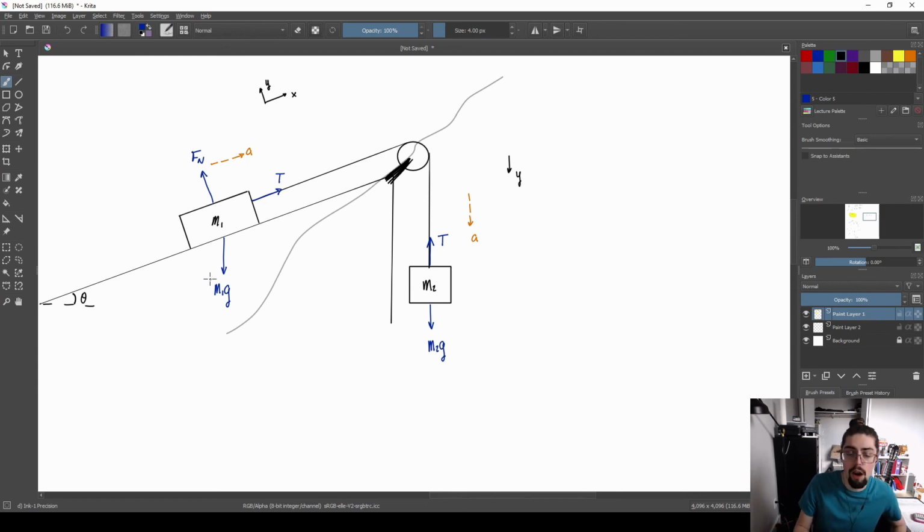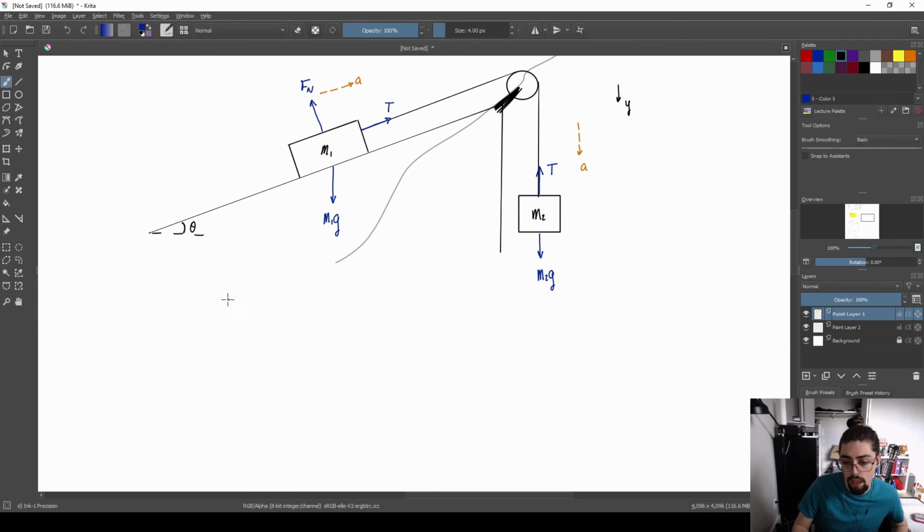So if I were to draw out the forces going on, let's look at block 1 first. Do I care about the y direction at all? I'll keep doing this in blue. Why not? I don't really care about the y direction. There's no friction here.